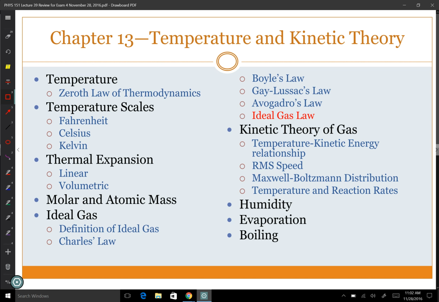Kelvin is just shifting the Celsius scale to an absolute scale, a scale where 0 degrees Kelvin corresponds with absolute 0. Now, by this point, we've studied the Maxwell-Boltzmann distribution and the kinetic theory of gases, so we know that in theory, absolute 0 temperature would be 0 average kinetic energy for the molecules.